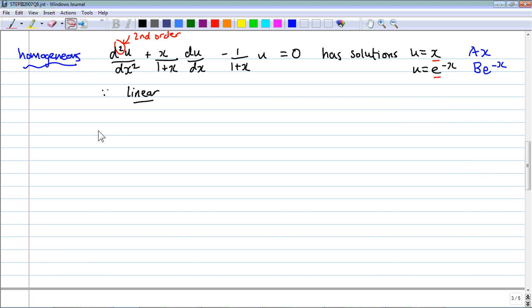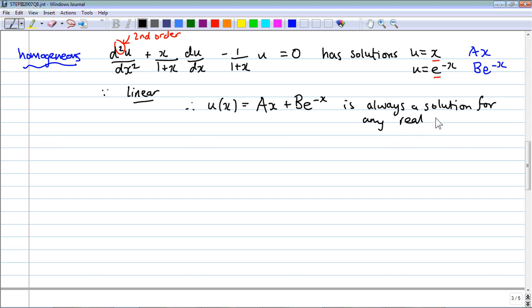So most good students would probably have figured this out already, I guess. It follows that u(x) equals ax plus b, where a and b are just constants, times e to the minus x, is always a solution for any real a, b.